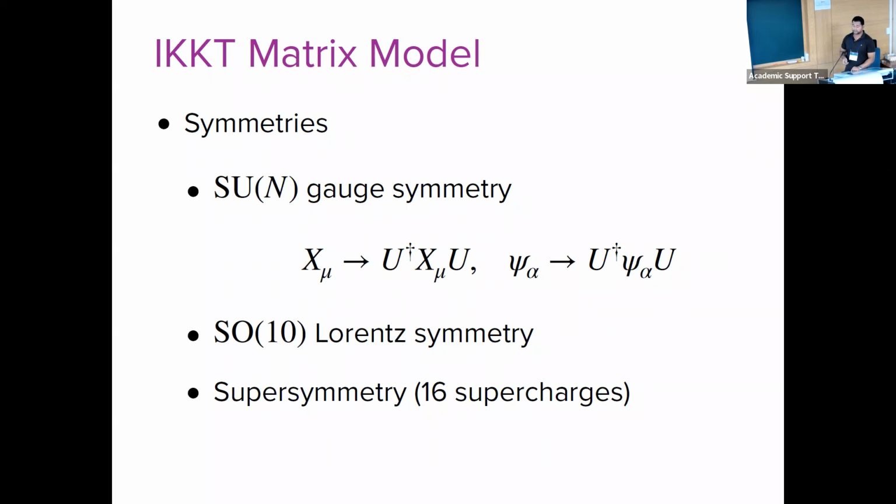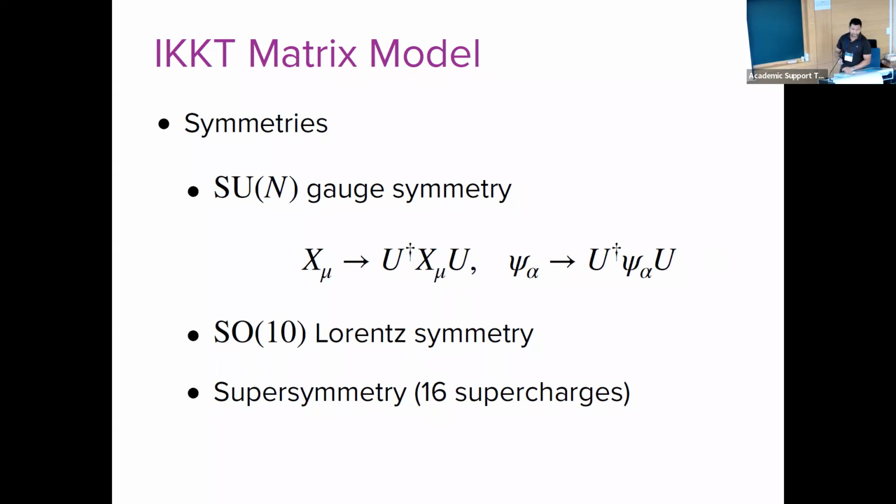There are 16 supercharges. So these are the symmetries of the model. Question? Maybe it's a very basic question. I'm not familiar with IKKT. When you say gauge symmetry, everything is at a point. It's not really a gauge field, but a remnant of gauge symmetry.